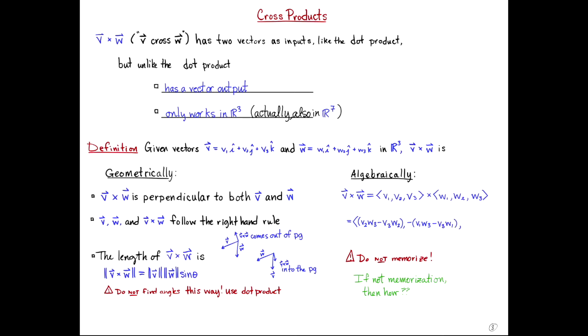In the z component, we have V1 times W2 minus V2 times W1. That is a lot to memorize, but luckily, we have a better way than just brute force memorization of this formula. Let's take a look.